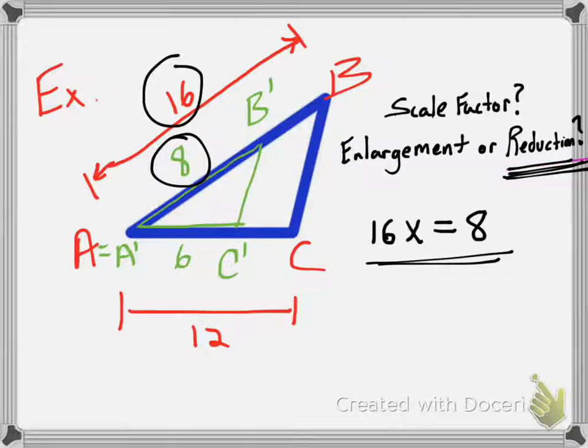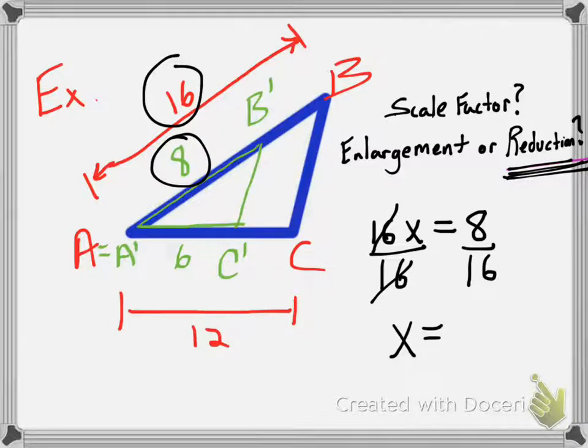How would you solve this normally? Well, you would normally divide by 16 on both sides. And we would get x equals 8 over 16. Now let's reduce that. Ends up being a half.